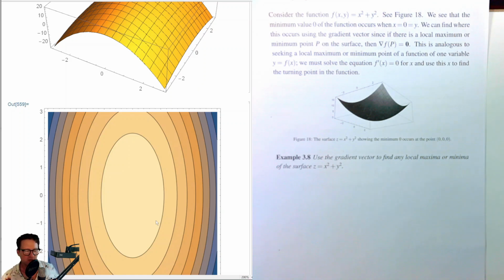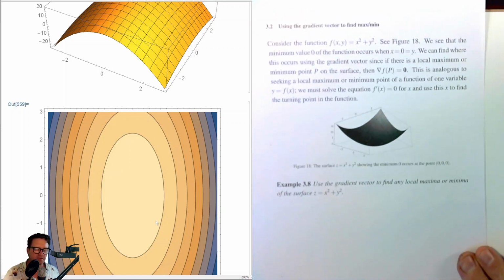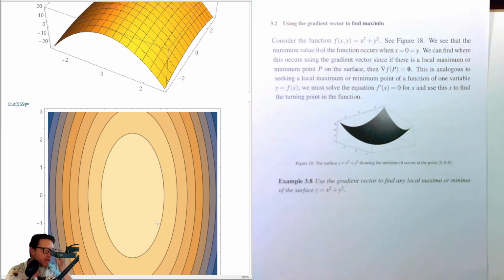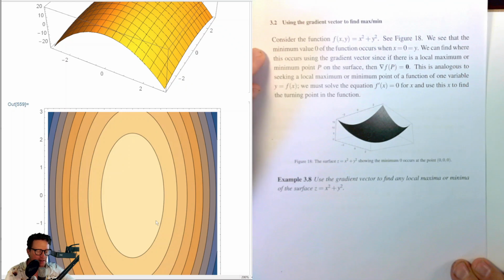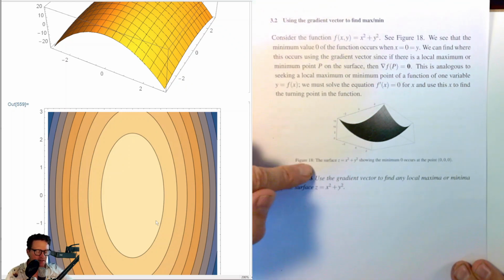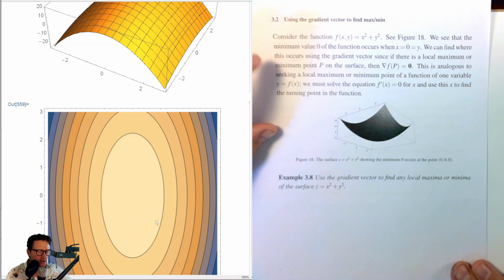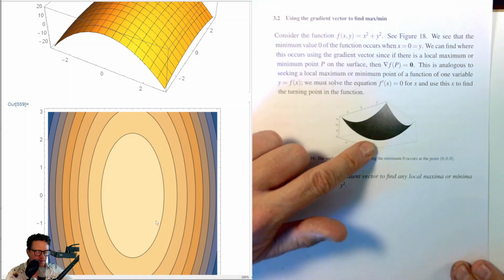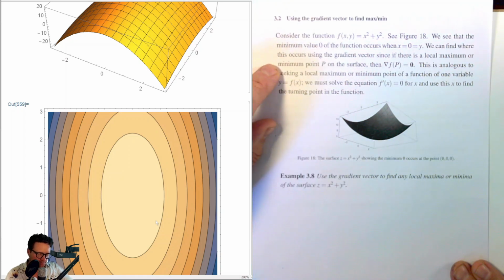Okay, so next topic, using the gradient vector to find the maximum and the minimum of a function. So this is an application of the gradient vector. Again, consider f(x, y) = x² + y². See this figure, there's a diagram of it. We see that the minimum value 0 of the function occurs when x and y are both 0. And you can see that just from the diagram.